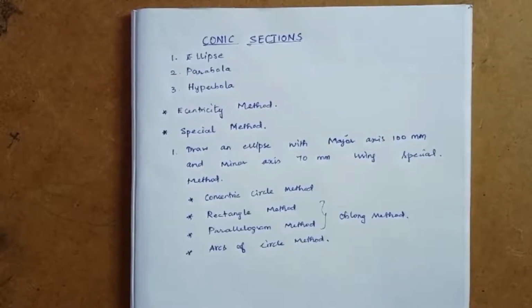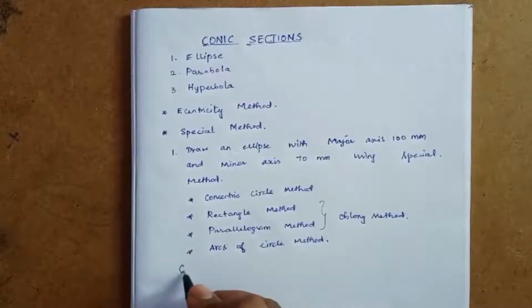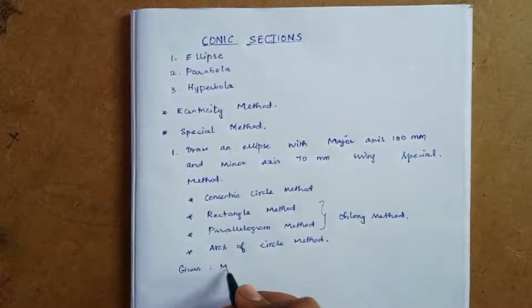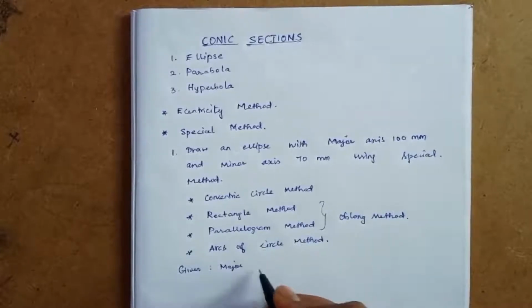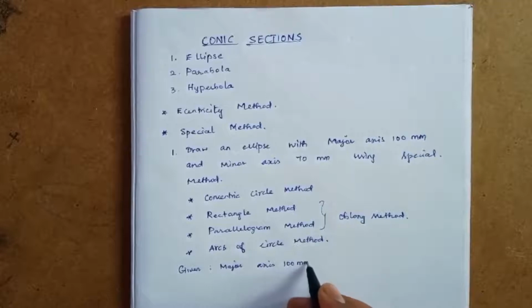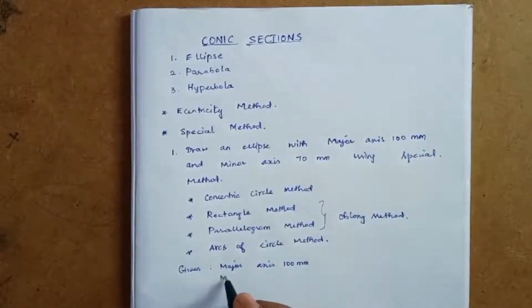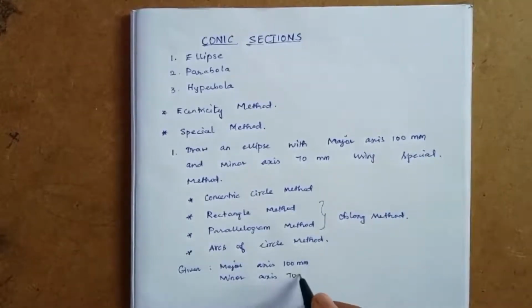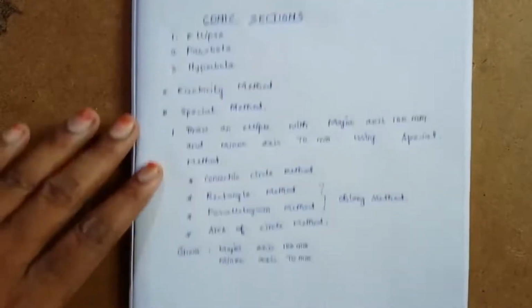When you look at the question, the given major axis is 100 mm and the minor axis is 70 mm.